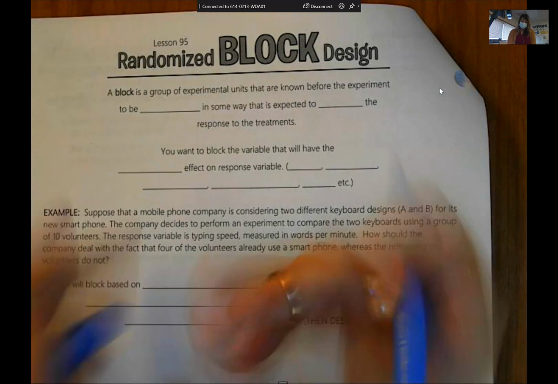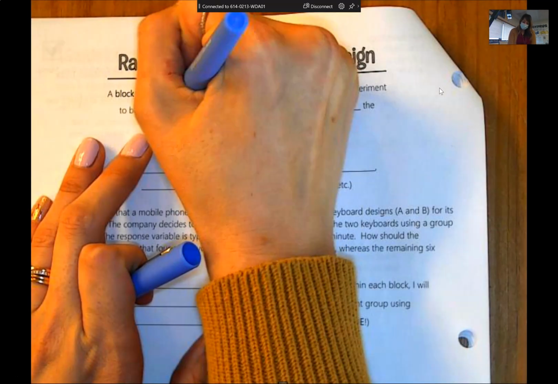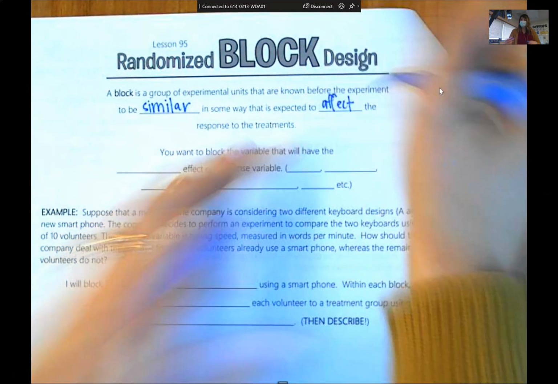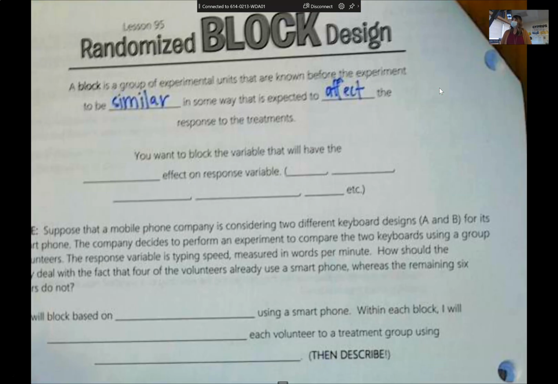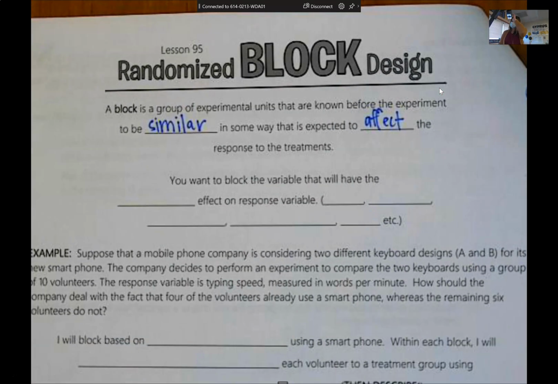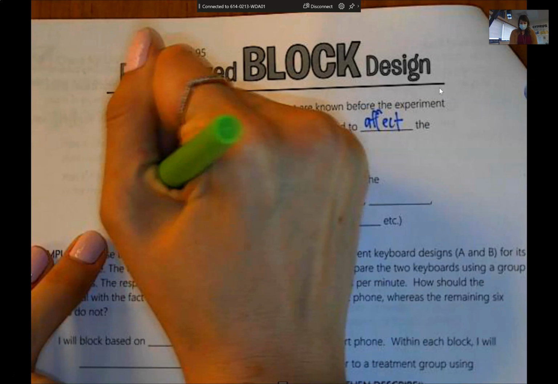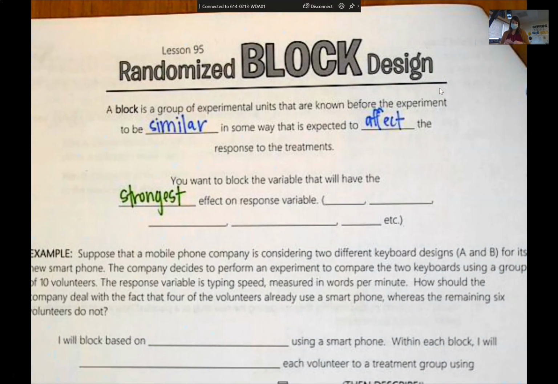They're similar in a way that's expected to affect the response to treatment. You want to block the variable that you think will have the strongest effect on the response variable.